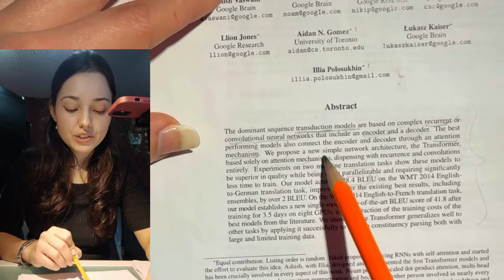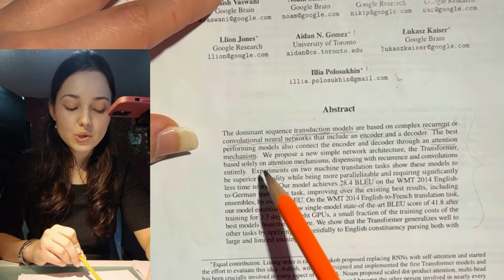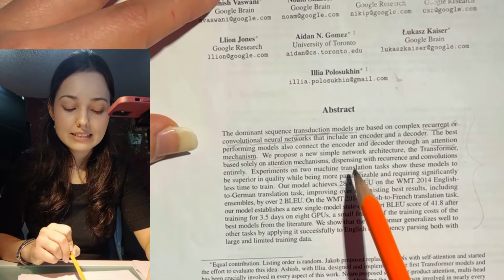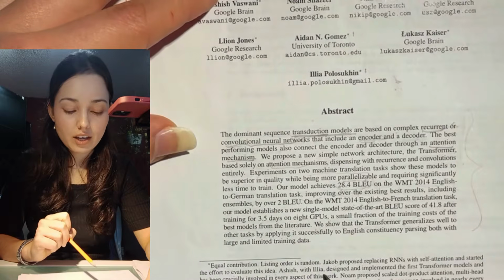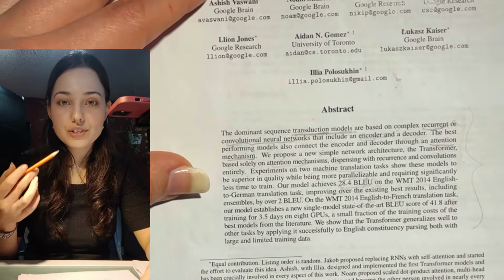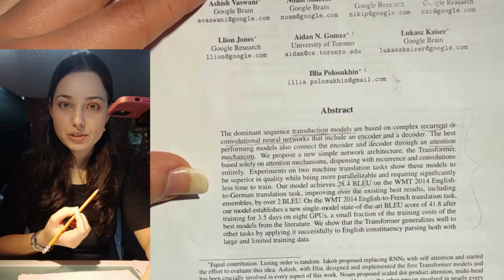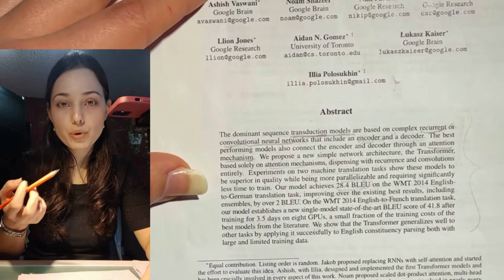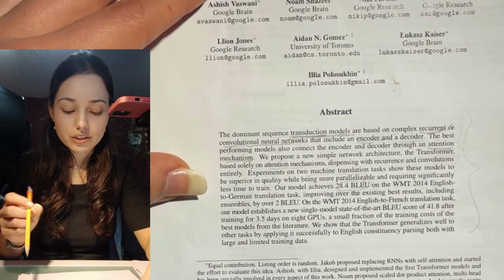We propose a new simple network architecture, the transformer, based solely on attention mechanisms, dispensing with recurrence and convolutions entirely. Okay, so they're proposing the transformer, which only has the attention mechanism, which was already previously described in recurrent neural networks and convolutional neural networks.